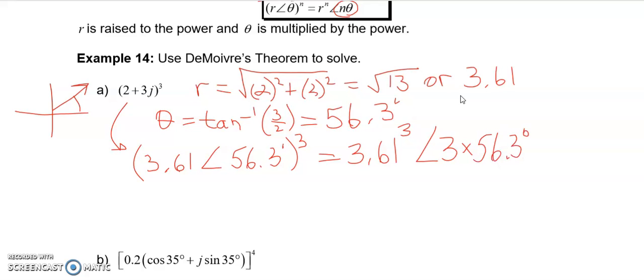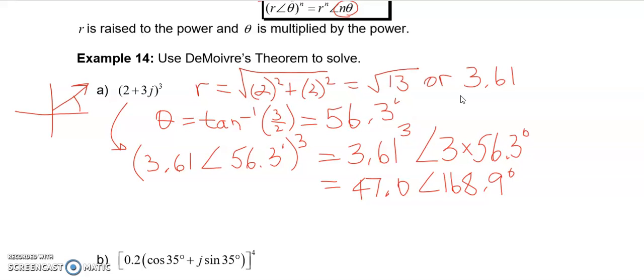This would become equal to 3.61 to the power of 3, which I get as 47.0, angle 168.9 degrees. Okay, so there it is. That's the answer in polar form.